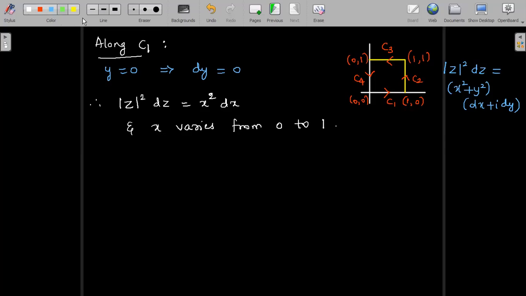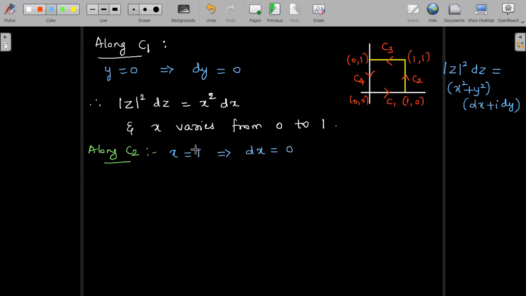So next one I will consider along C2. So along C2, what is the equation of the line C2? Equation of the line C2, x is constant. Observe, x is equal to 1, which is constant. Looking into the coordinates, x is equal to 1 and y varies from 0 to 1. So same thing we are going to write down. x is equal to 1. If x is 1, dx will be equal to 0.